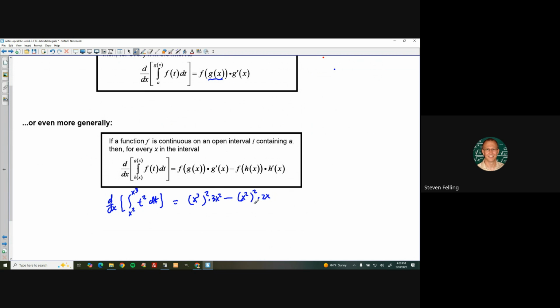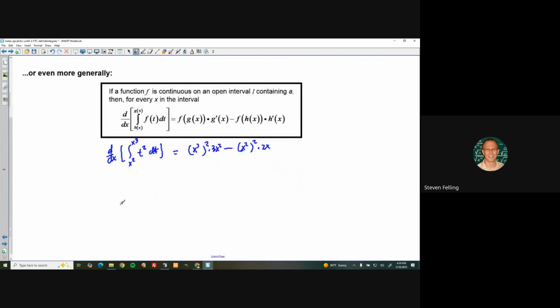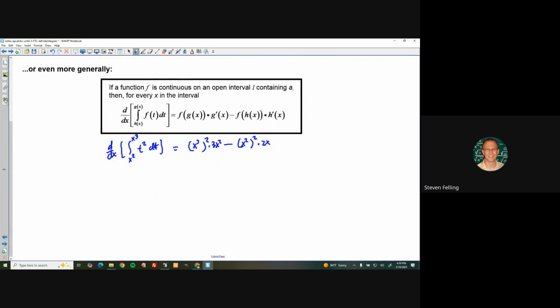Right? And if that's too confusing, you can always just actually do these as 2 separate steps. So let me show you that. If that feels too confusing to you, you could say, let's just ignore this for a second and just do this. The antiderivative is 1/3 something cubed, right? T cubed. And I'm going to evaluate that from x squared to x cubed, which means I'm going to take 2 copies of this.